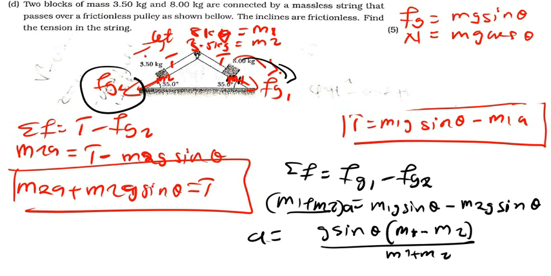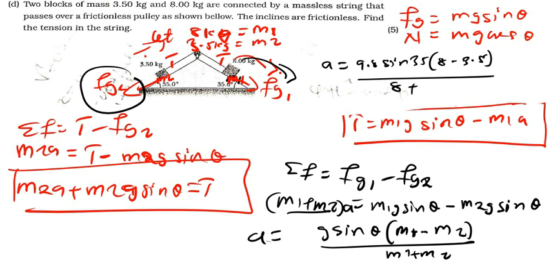Now let's go ahead and find the acceleration. So acceleration will be equal to, what is my G? 9.8, sine 35, open brackets, M1 is 8 minus 3.5, then I divide this by 8, which is M1, plus M2, which is 3.5.